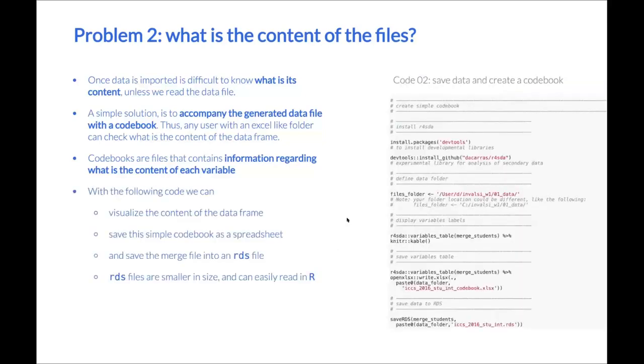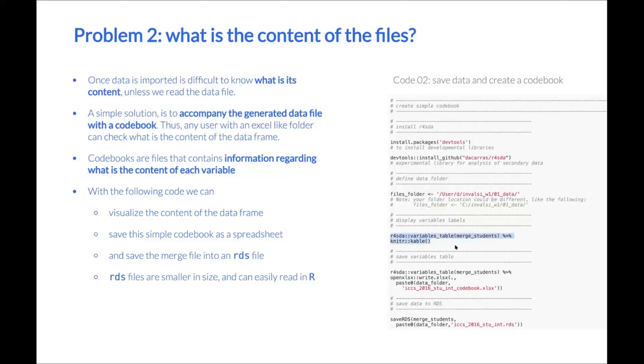An easy way to create a codebook is to use the experimental library that I'm developing, and we repeat the same object that we created before. That is, we're just telling R where our files are located, and we're going to use the following lines of code.